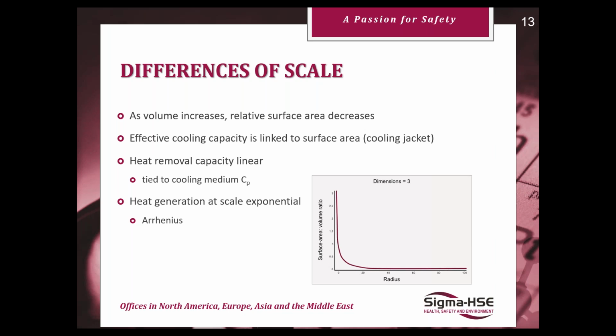When you take to bulk scale, your relative surface area is much decreased, and therefore it's not just about heat losses to the environment being reduced, but if your cooling capacity is a cooling jacket on the outside of the vessel, you've got a lower surface area and your cooling capacity is therefore much lower for a large scale bulk system.